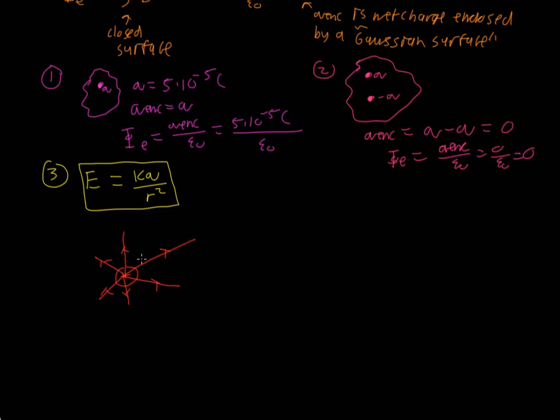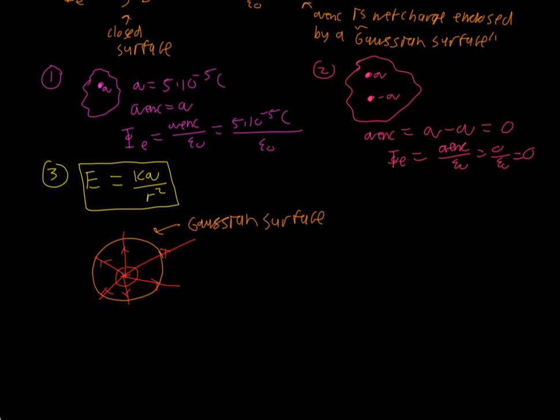If we imagine this in 3D, these electric field lines are coming off. It's like a ball with a bunch of spikes coming off of it. So to exploit the symmetry, we're going to use a Gaussian sphere, meaning our imaginary closed surface is just going to be a sphere. In 2D, this all looks like a circle, but this orange thing is our Gaussian surface, and it's actually a sphere here.